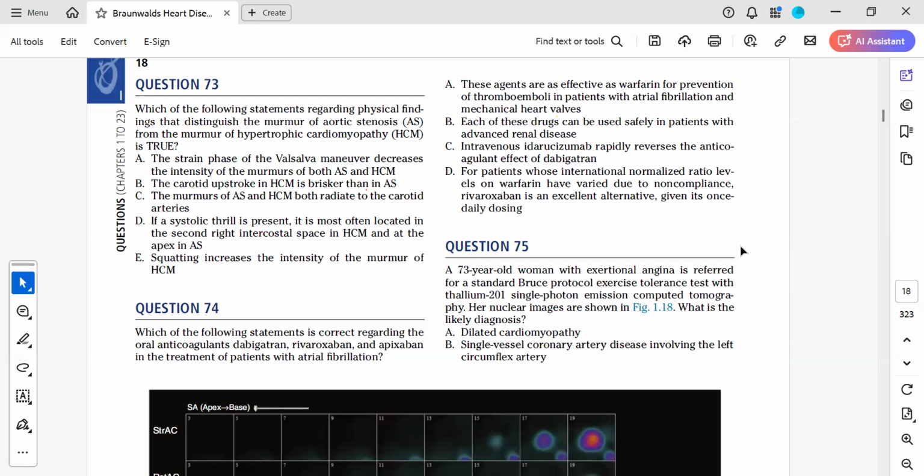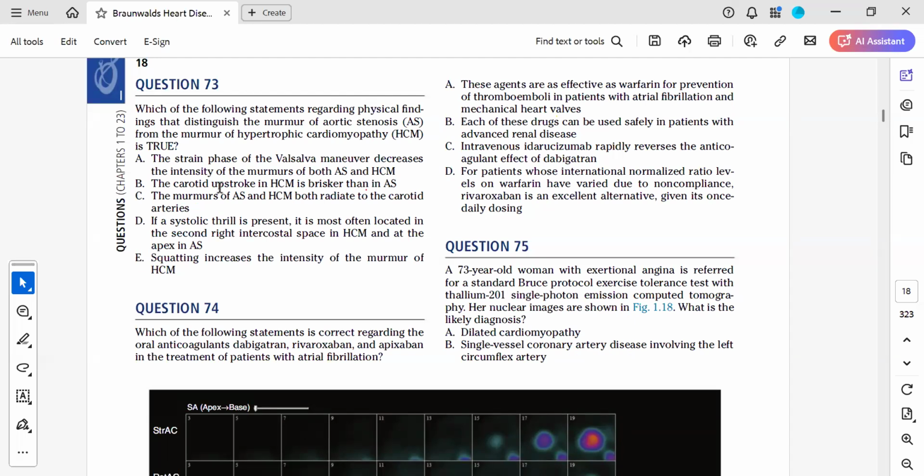Maneuvers that reduce left ventricular filling, such as the strain phase of Valsalva or standing from a squatting position, decrease the intensity of the AS murmur. But in HCM, the decreased intraventricular volume causes the left ventricular dynamic outflow obstruction to intensify, and the murmur becomes louder.